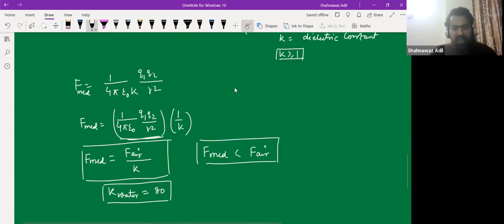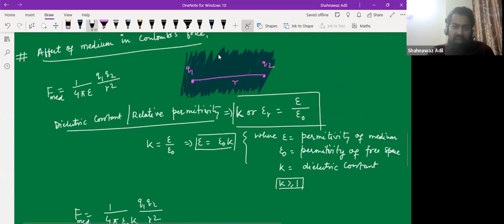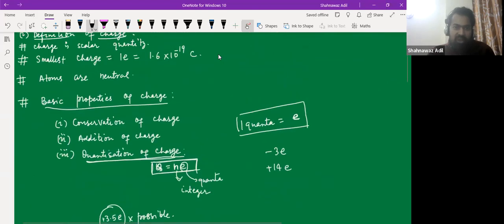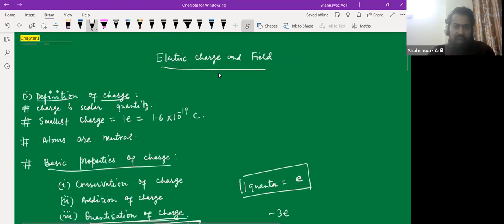So F medium is smaller than or equal to F air. Please note down this part, and then we will talk about the superposition principle that Mariam was mentioning.